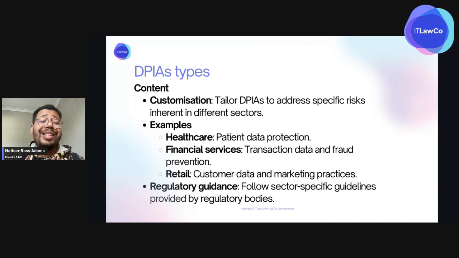You could also have a look at the IT Lawco website to download the templates that are available over there. Other examples include financial services and retail, as well as direct marketing. The types of data typically involved there are, well, I wouldn't say predictable, but you'd be able to identify them more easily. And then, as I've mentioned, they are sector-specific guidelines.